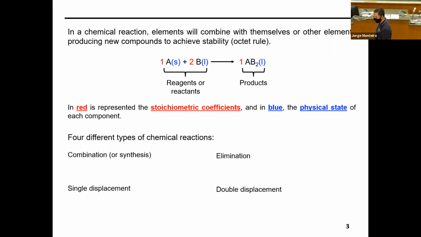Sometimes it's very easy to know the physical state, sometimes it is not. Okay, so therefore, I will not require you to represent the physical state. However, if you do so, that's a plus, and it's always good if you know it. Okay? If you know part of it, that's fine as well.